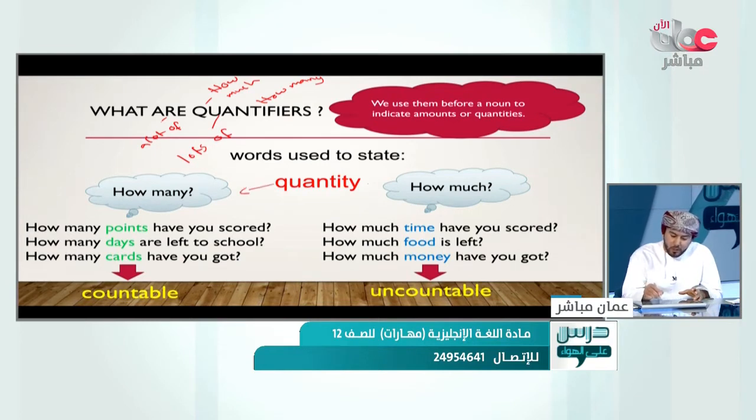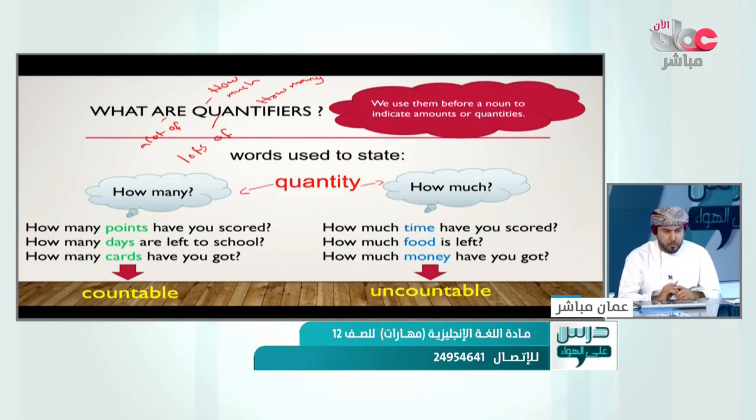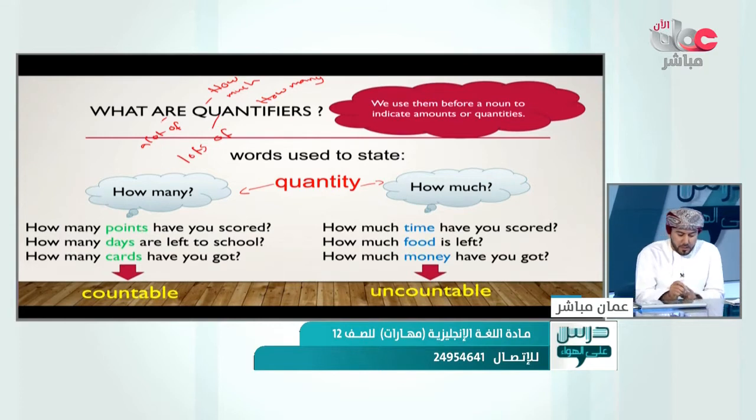We have how many, and also we have how much. So let us start with the first type, which is how many. Please have a look at the green words here. When we say how many points have you scored, it can be seen that how many is followed by countable nouns.